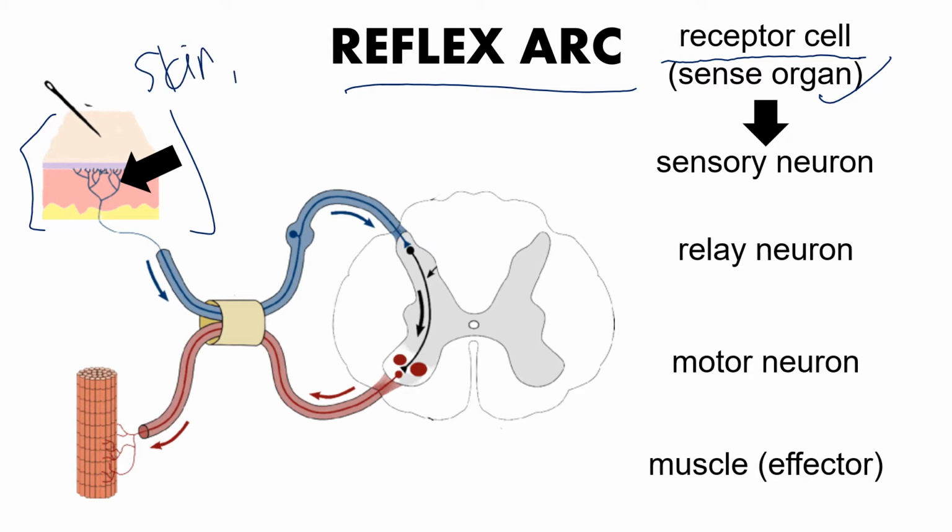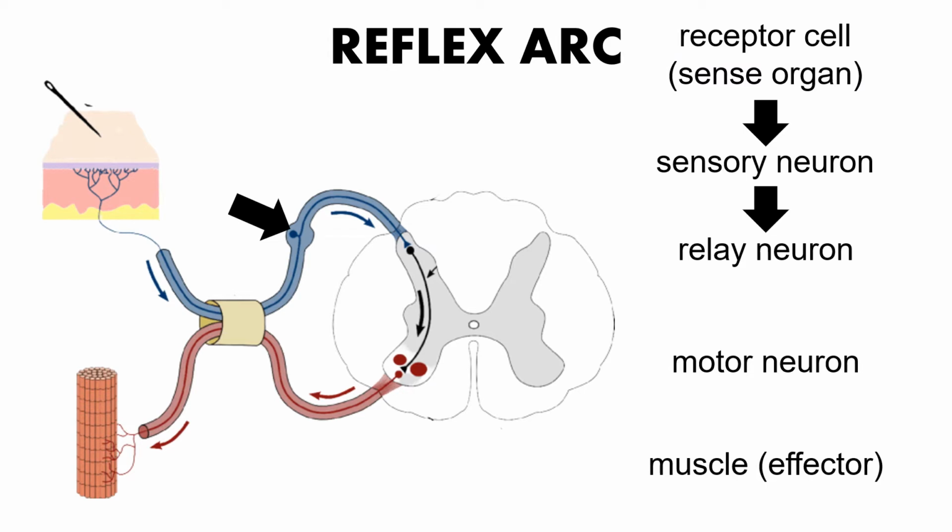In the skin we have a lot of receptor cells such as the heat receptor, the pain receptor, the pressure receptor, and so on and so forth. Because the skin organ has receptors in it, it is known as a sense organ. Next, the pathway is the sensory neuron. Before this we already learned about the sensory neuron.